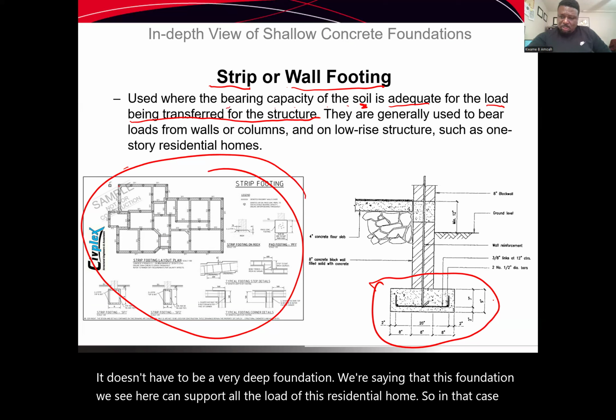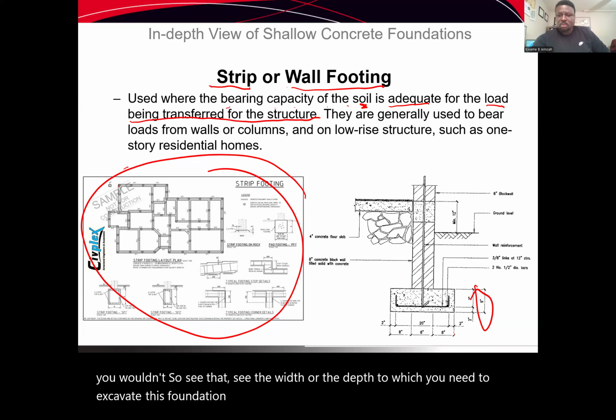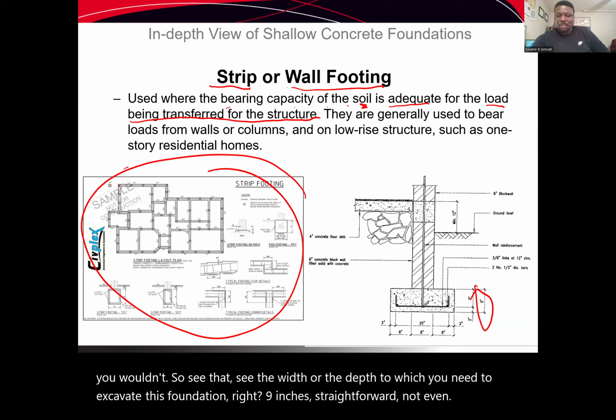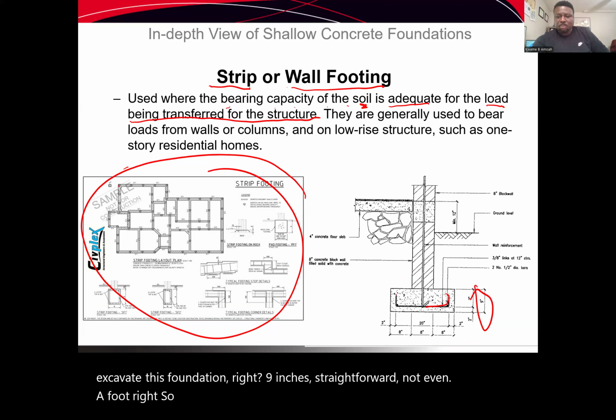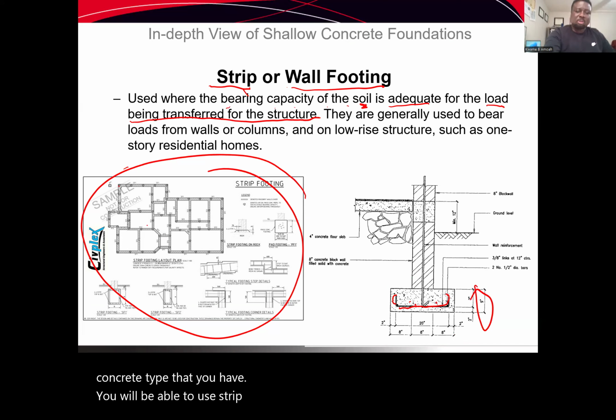So see the width or the depth to which you need to excavate this foundation, right? 9 inches, straightforward, not even a foot, right? So with this, and then reinforcement or rebars and the right concrete type that you have, you will be able to use strip to support the residential building we have here on the screen.